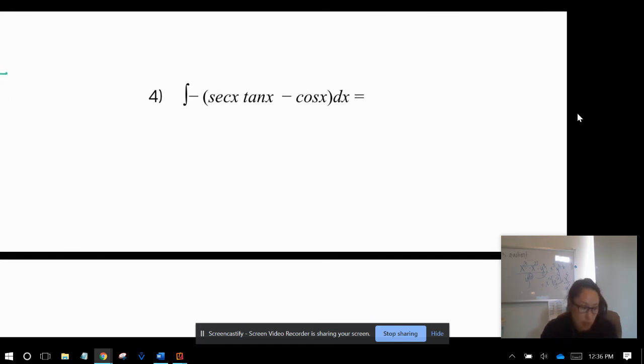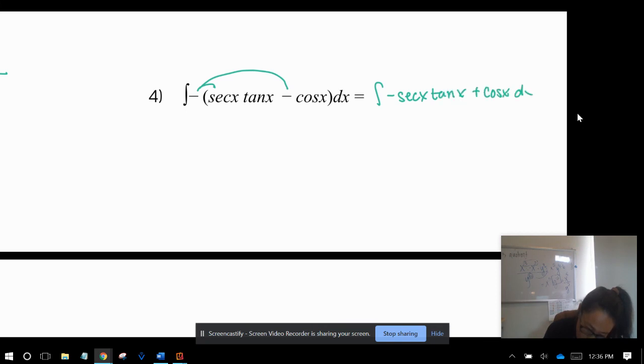Number 4, and our last one for this video, is the integral of negative times the quantity secant x tangent x minus cosine x dx. I will distribute, so I get negative secant x tangent x plus cosine x dx, and I'm going to put that in parentheses.